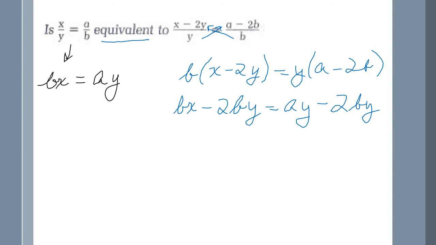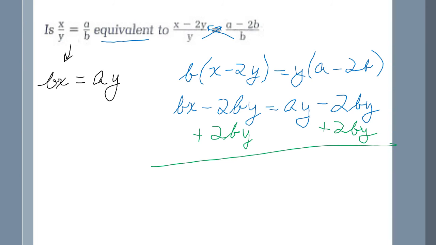Well, if I add 2by to each side of these, I'll get rid of them. And I end up with bx equals ay. So this is equivalent.